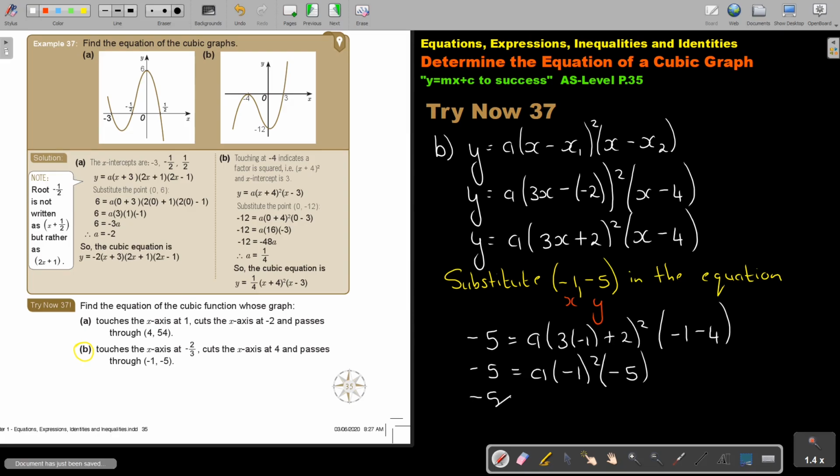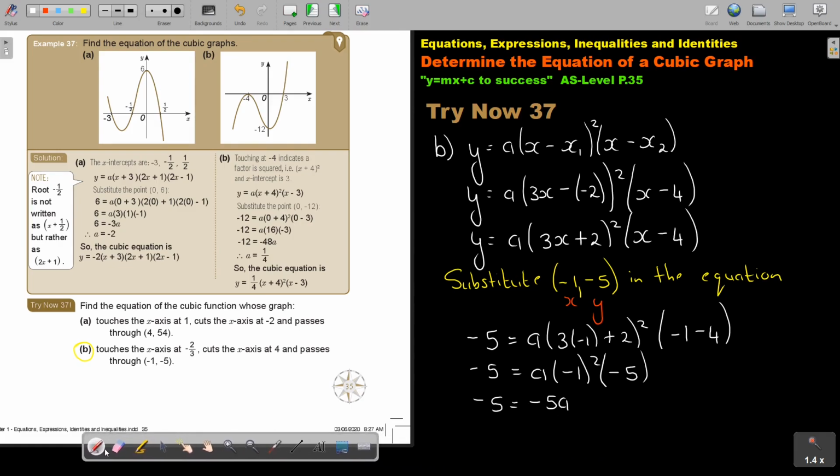Let's just see, this is +1, so it's -5a. And then I'm going to divide by -5. I just want to see where my mistake is, but there's no mistake: -5 and -5.